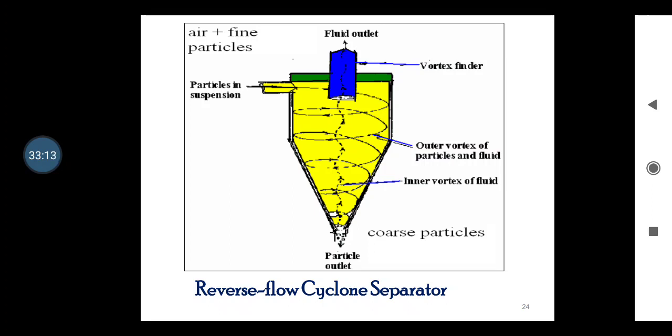As far as working is concerned, the suspension is introduced into the cylindrical vessel through the tangential inlet at high speed in order to provide rotatory movement inside the vessel. If you understand the diagram, you will get this information on construction and working very clearly.